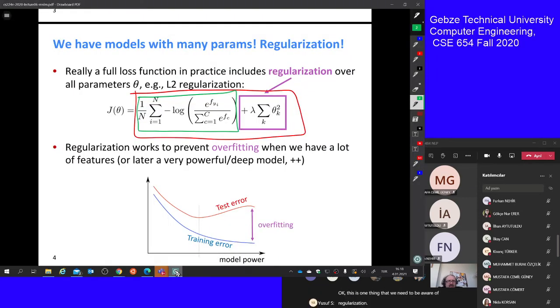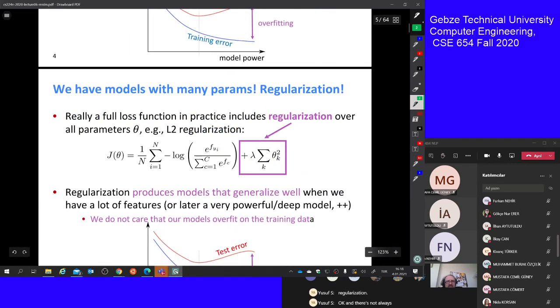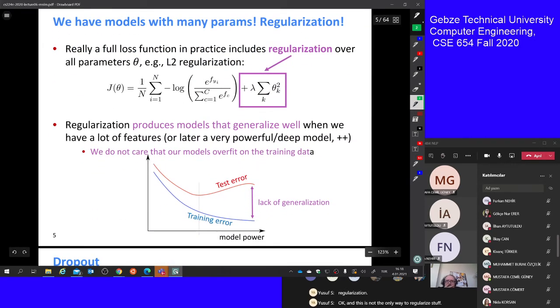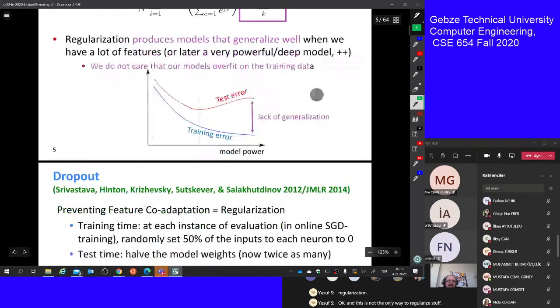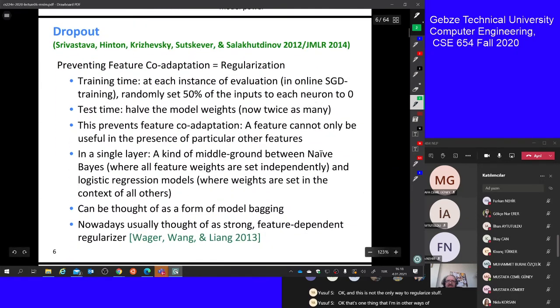And this is not the only way to regularize stuff. There are many other ways of regularization. Another way of regularization is dropout. Dropout is very funny. If somebody told you this, you would make fun of them for the network. They say to ignore 50% of your inputs to any neuron when you are doing the back propagation.